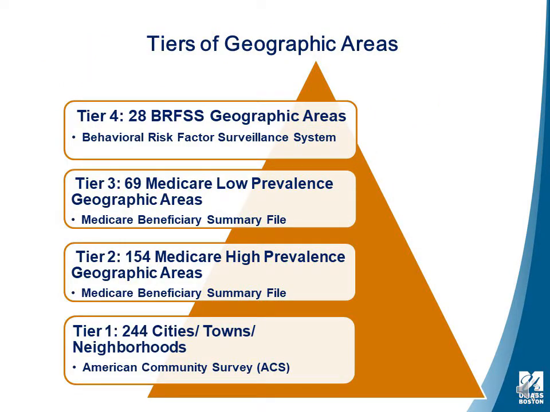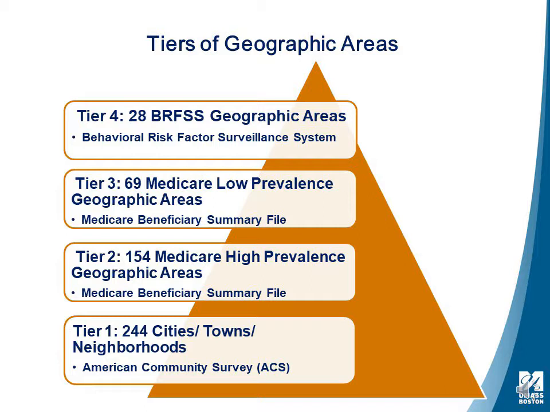This slide displays 4 real tiers that were defined for the Healthy Aging Indicator Study. Tier 1, the lowest tier, there were 244 individual cities, towns, and neighborhoods. All American Community Survey indicators, ACS indicators, were Tier 1 indicators. Tier 2, we call them Medicare high prevalence geographic areas.